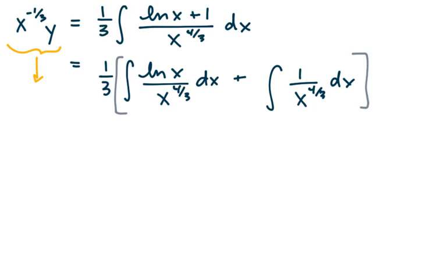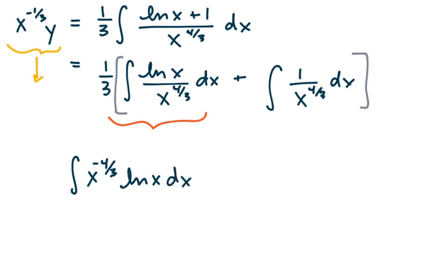So in order for me to integrate this first piece, I'll do a little scratch work here. This is the same as saying the integral of x to the negative 4/3 ln x dx.